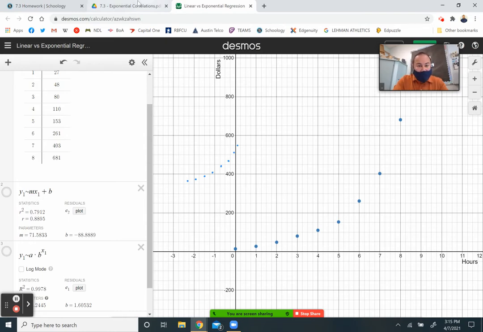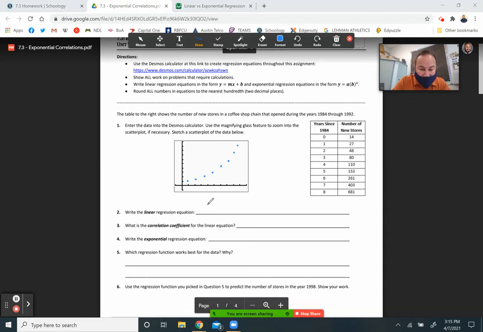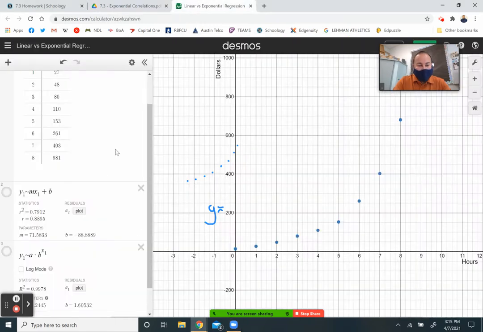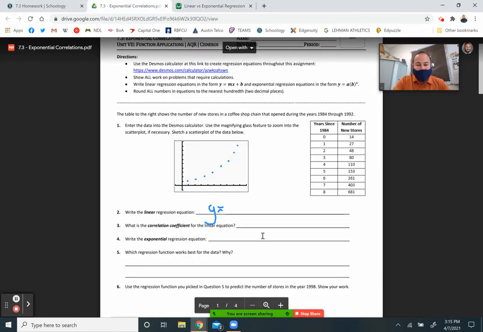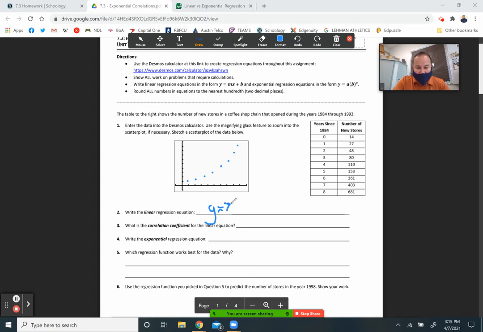The first thing I'm going to write down, obviously, is y equals. Please always write y equals. It's not truly an equation if you don't write y equals. m is 71.5833, but I'm only going to write it to 2 decimal places, so I'm going to write 71.58. And don't forget to put x in the equation.